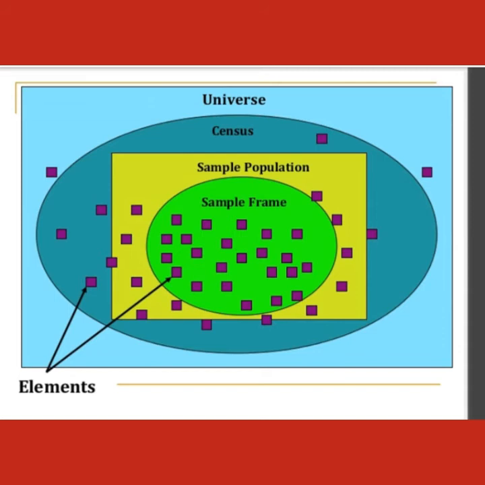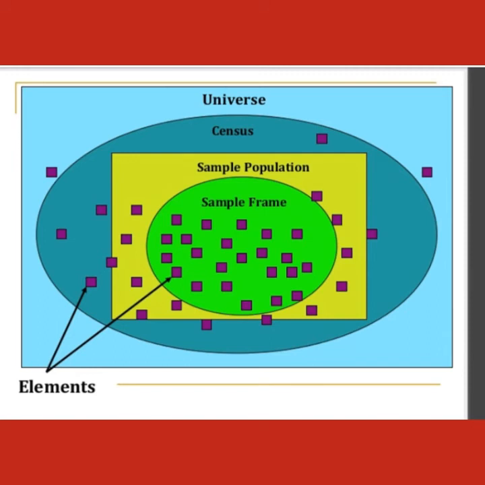So children, what does sampling mean? Sampling is the selection of a subset of the population through various sampling techniques. So it is the process of selecting a sample from a population.